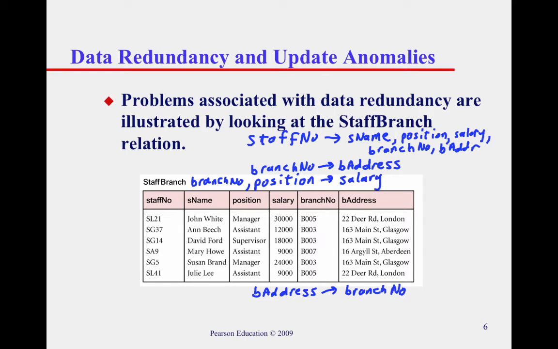I think you'd be hard pressed to find, because that address contained a street number, a road, and a city, two different branches at the same street address and same city.